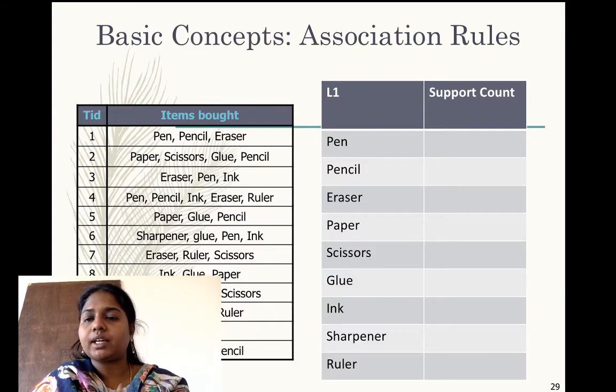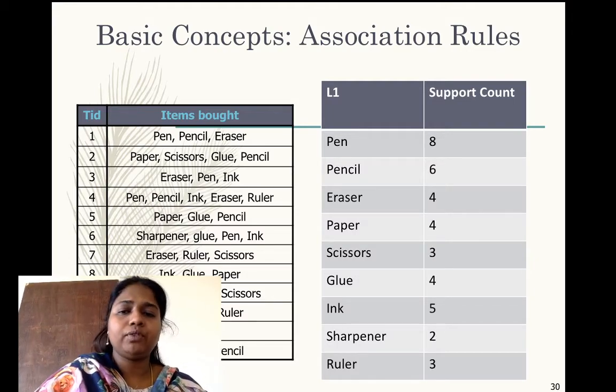I can see that transaction ID 1, 3, 4, 6, 9, 10, 11 and 12 have the item pen bought. So the support count of pen is going to be 8 in the set of transactions.